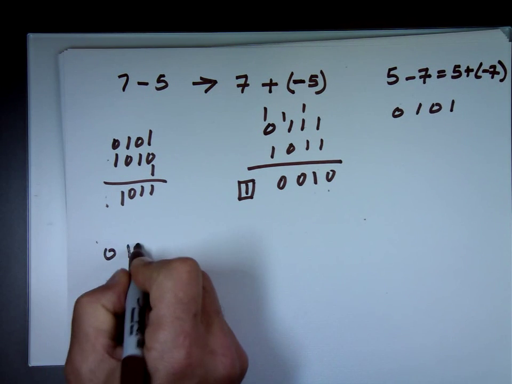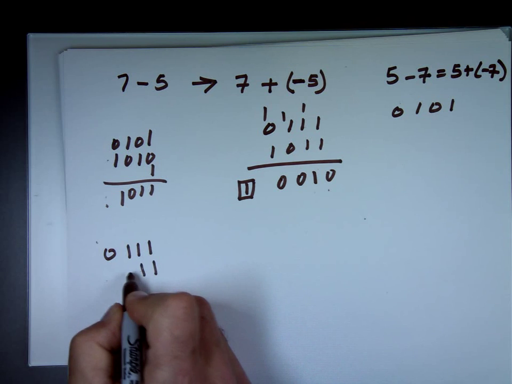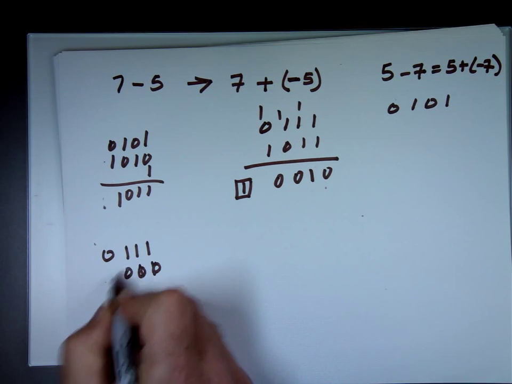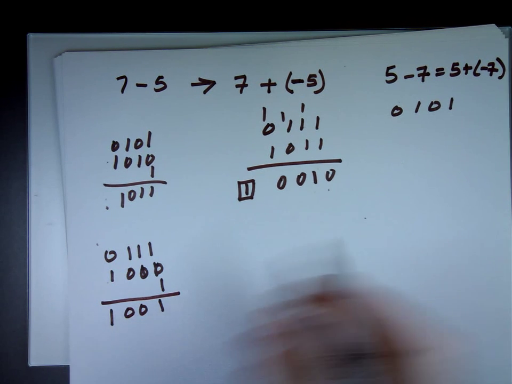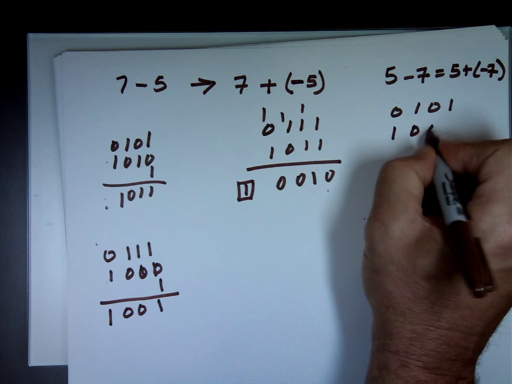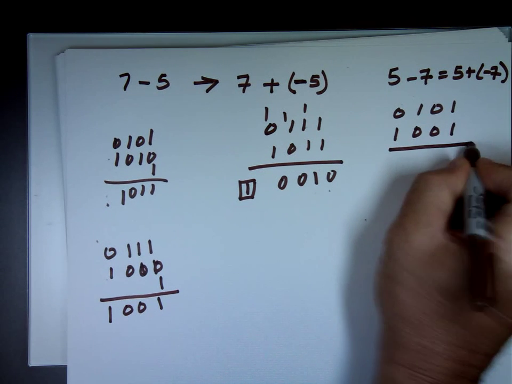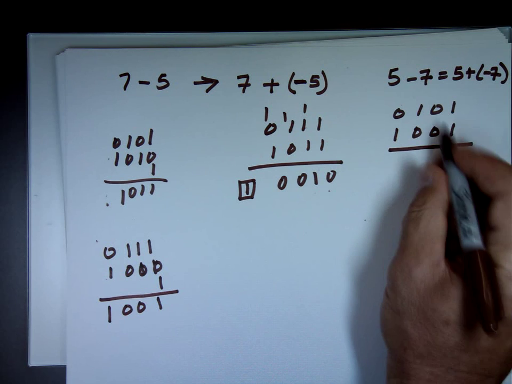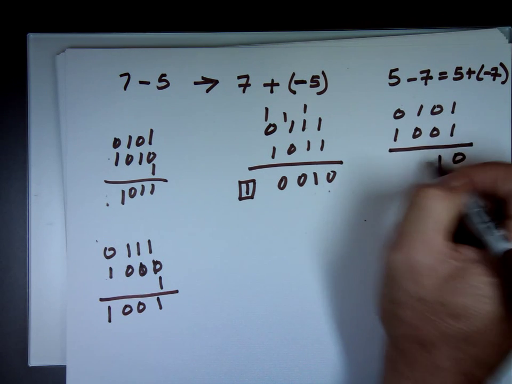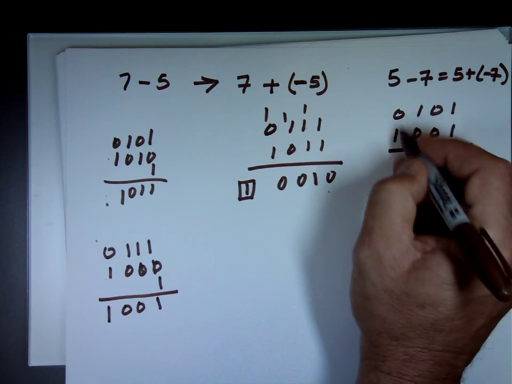Take the 1's complement, add 1 to it. One and 1, 0, carry 1, 1 and 1, 1 and 0 is 1, 1 and 0 is 1, 1 and 0 is 1.